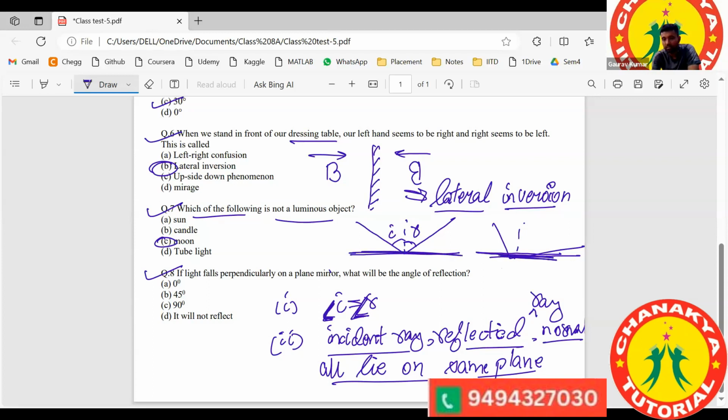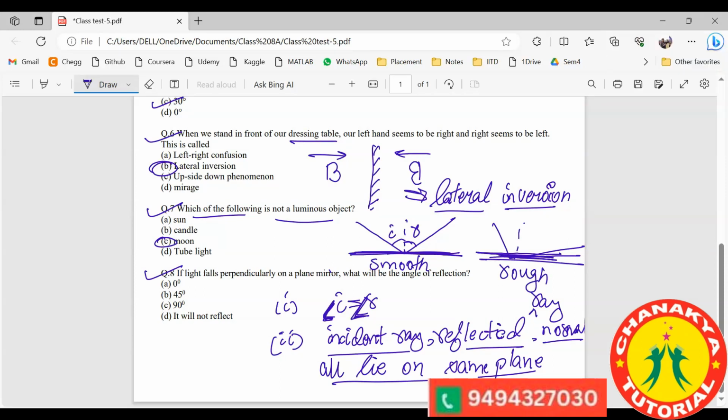This surface which has I equal to R was smooth, whereas this surface which does not make I equal to R is rough. At the microscopic level, we say that angle of incidence equals angle of reflection. Sir, even if it is rough, can you draw the microscopic one once, if it has bumps? Yes.